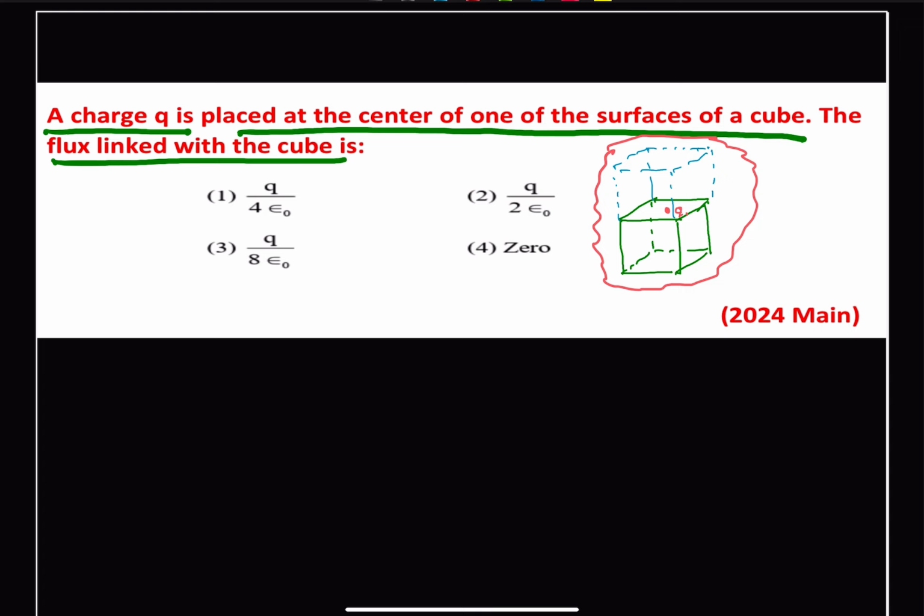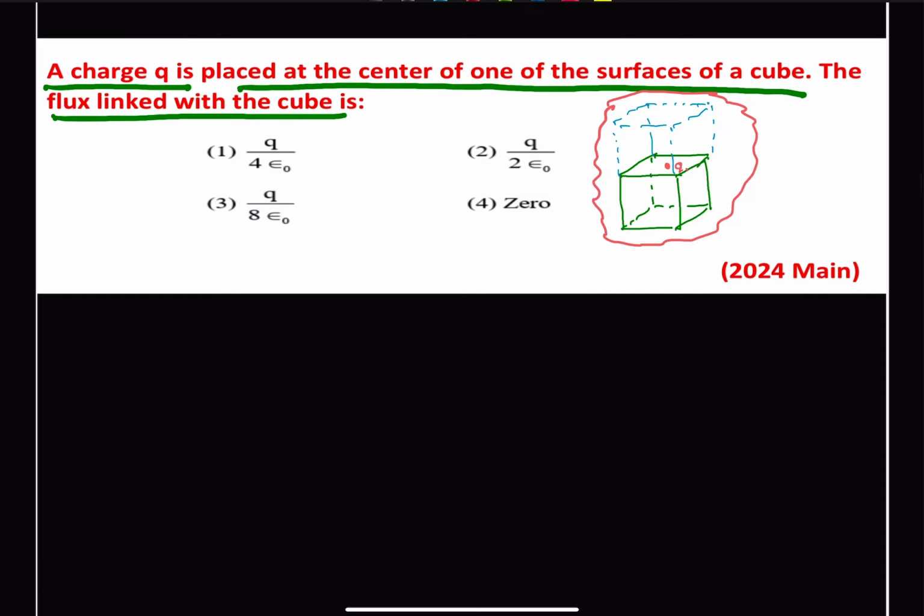So we can say, as per Gauss law, flux associated is our charge enclosed divided by epsilon naught. And here the charge enclosed is our Q.